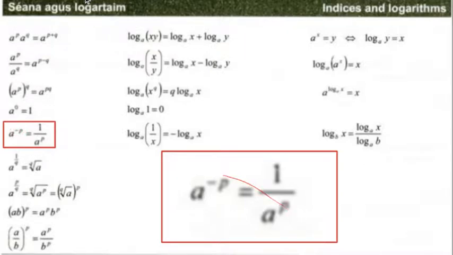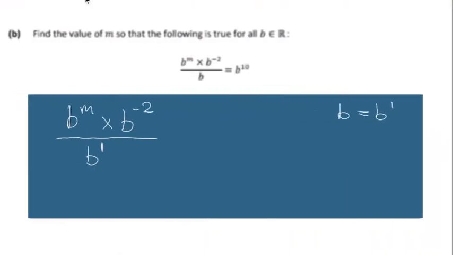So let's bring it up. So that will be b to the power of m multiplied by b to the power of minus 2, and the one below is negative, so it will be b to the power of minus 1.